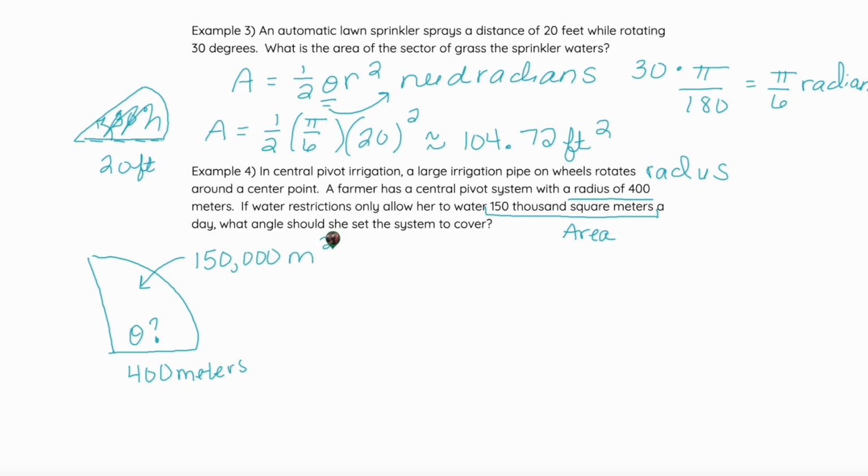So we can use the formula to help us find radians. Once we know the radians, we can turn that into degrees. Using our formula, our area is 150,000 equal to 1/2 times theta. We don't know what theta is, but we do know our radius is 400 meters squared.